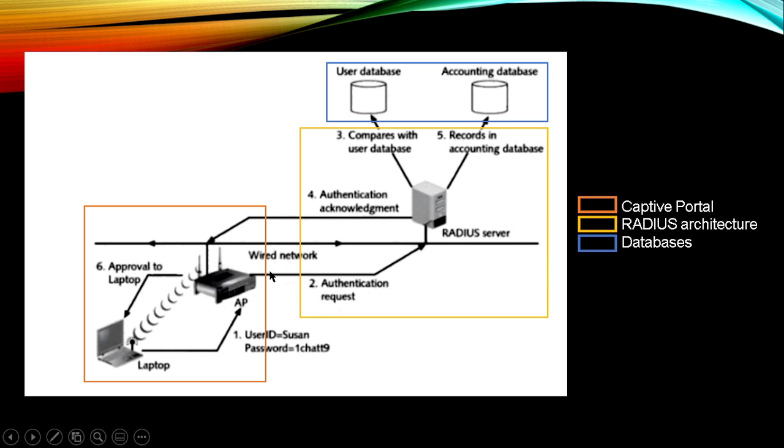The yellow square here is the Radius architecture, which handles authentication requests and authentication acknowledgements. The Radius server checks with the user database and accounting database for user records before confirming the request to either accept or reject. So the blue square here is the databases.